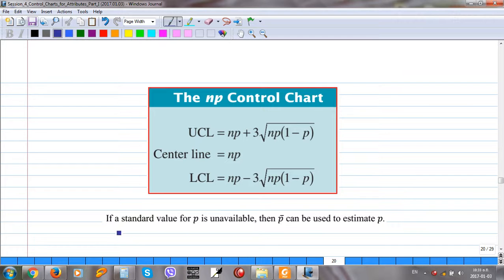Here also the same thing: if the standard value for P is unavailable, you have to use P bar to estimate P, as we discussed in the previous question. So here P is not given, so you have to calculate P bar using the previous equations, all the equations we discussed in the previous example. The same thing you can use in these types of questions also.